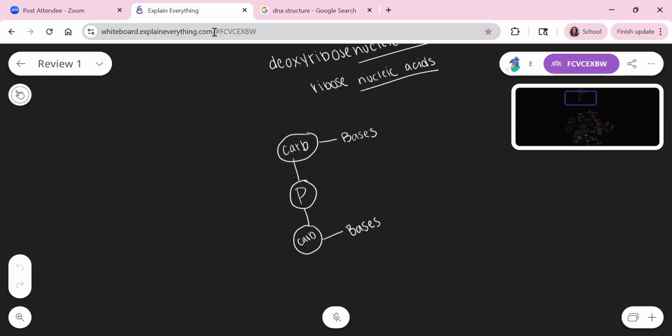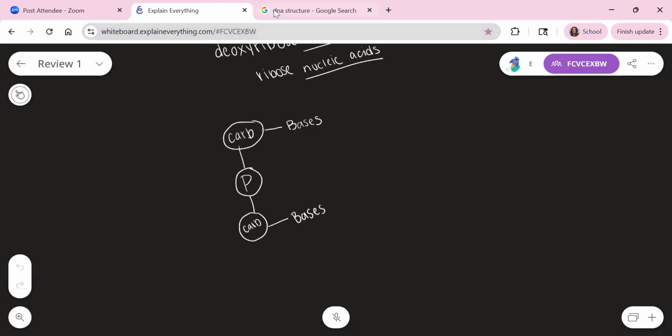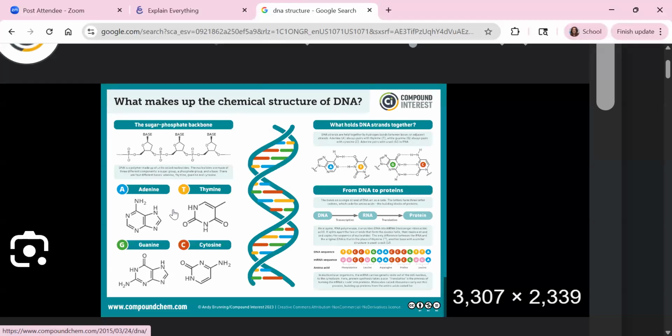And as we can see in this, what are some functional groups in these bases that you guys see? Carbonyl. Yeah, we have a carbonyl. What about with the nitrogens? Amine.